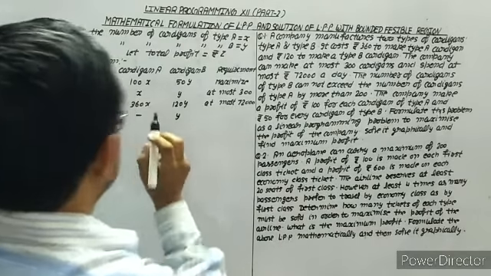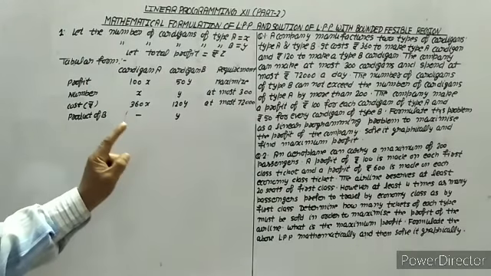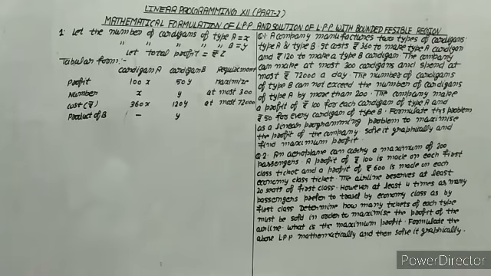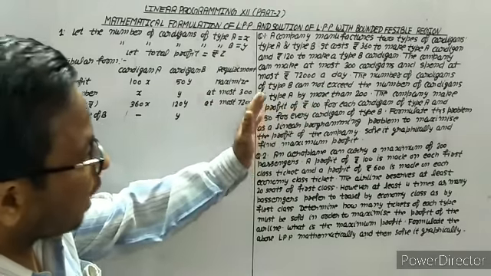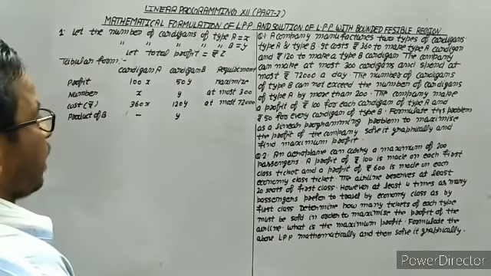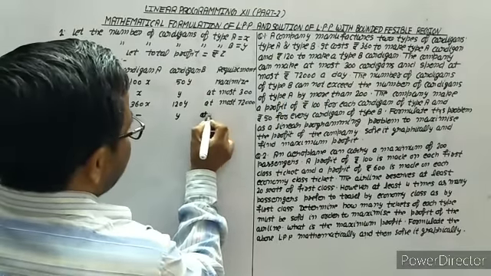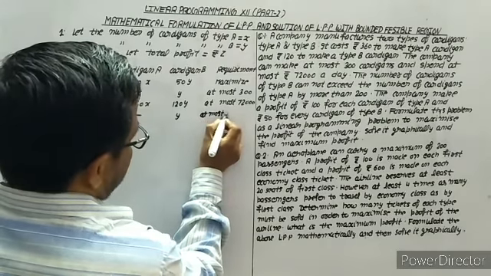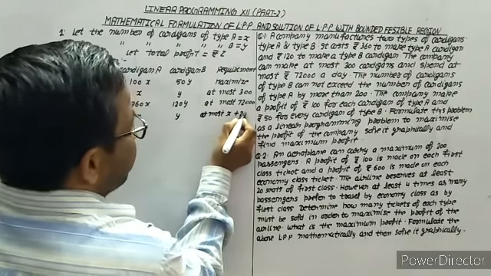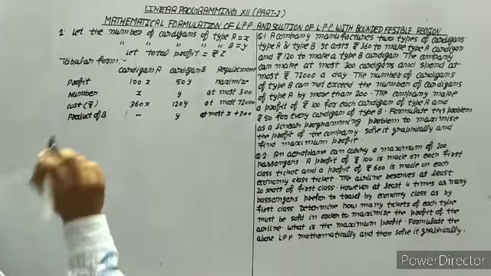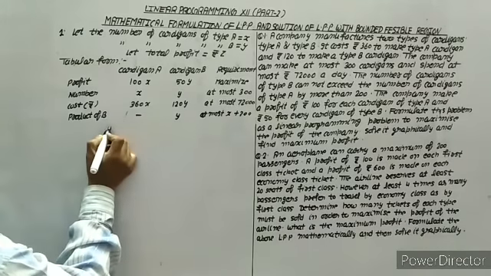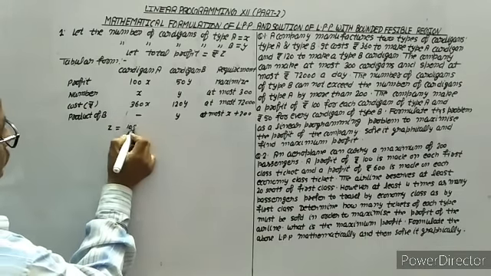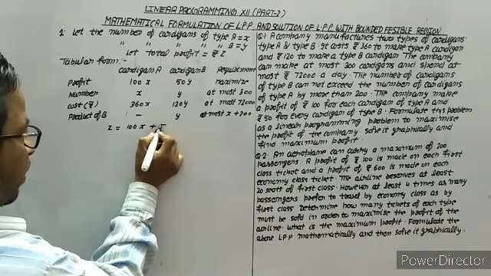It means the production of cardigans of type B, y, is at most x plus 200. Now from this we find Z equals 100x plus 50y.